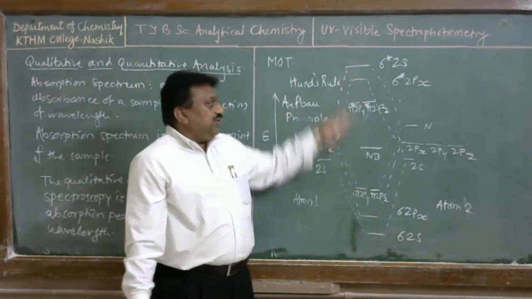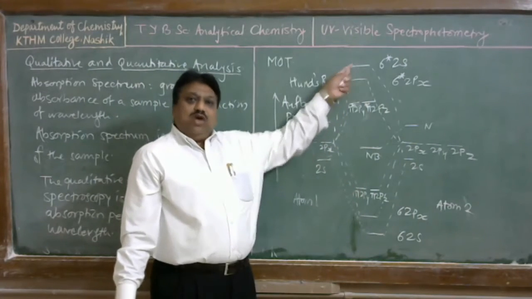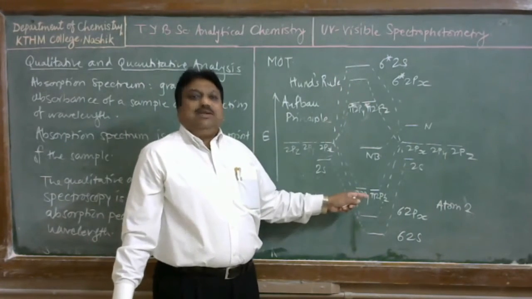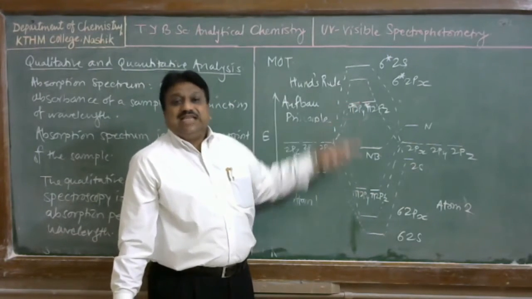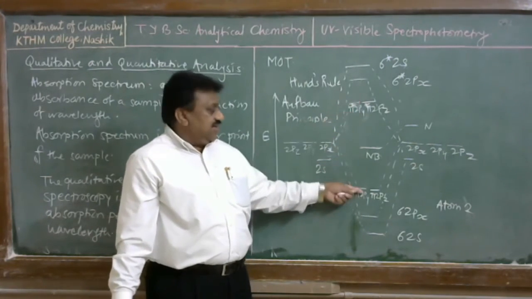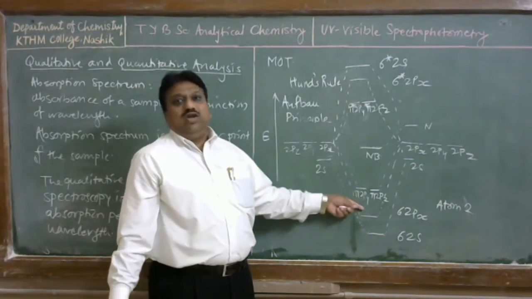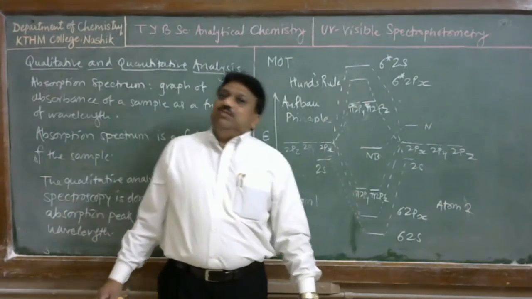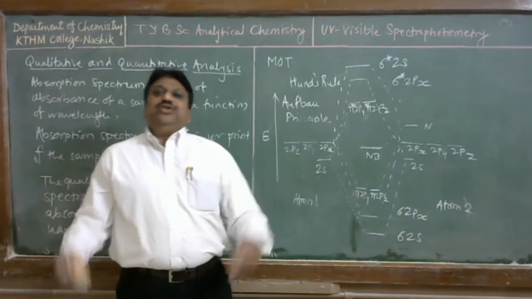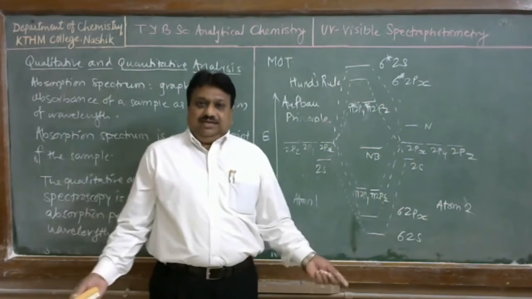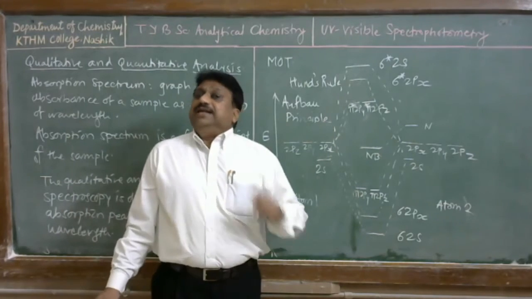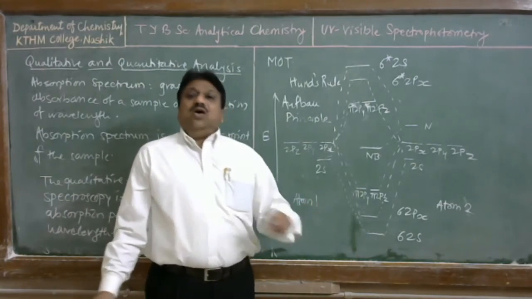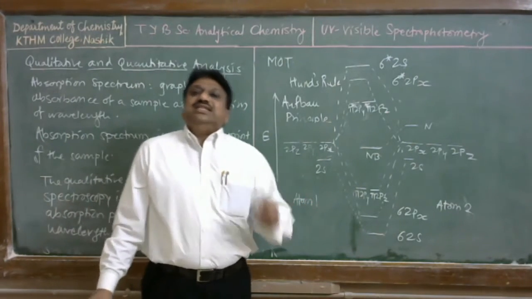Every molecule has molecular orbitals, but they do not have exactly the same energy difference. The energy difference between bonding and anti-bonding molecular orbitals is different from molecule to molecule. Therefore, each molecule will absorb at a different energy, which is the identity of that substance.